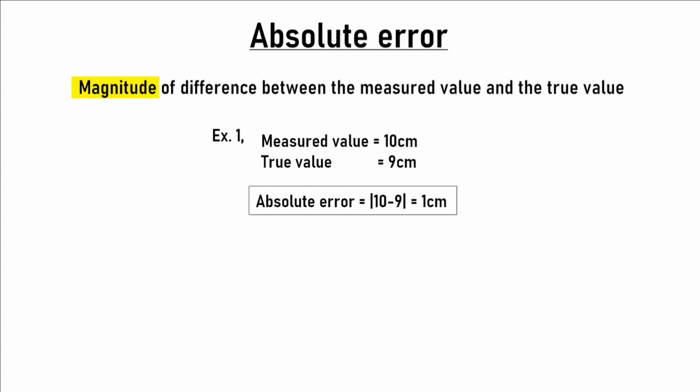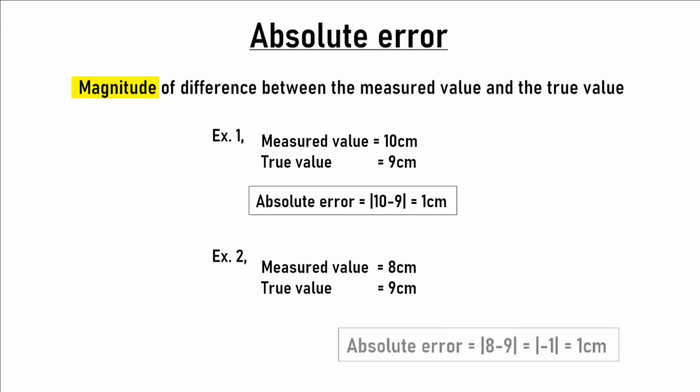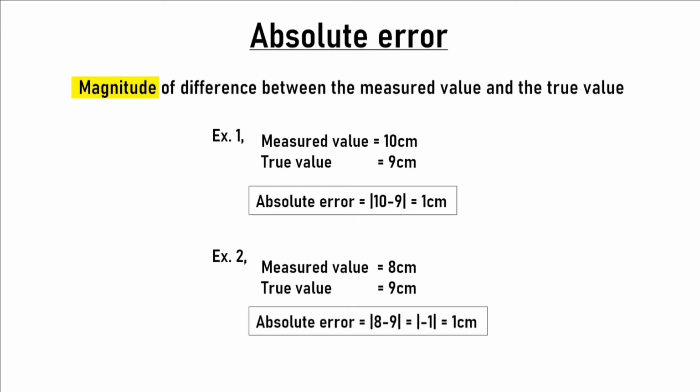Now let us take example number 2, in which the true value is the same, 9 cm, but the measured value is 8 cm. Now let's calculate the absolute error. We know that absolute error is equal to measured value minus true value. Here the measured value is 8 cm.